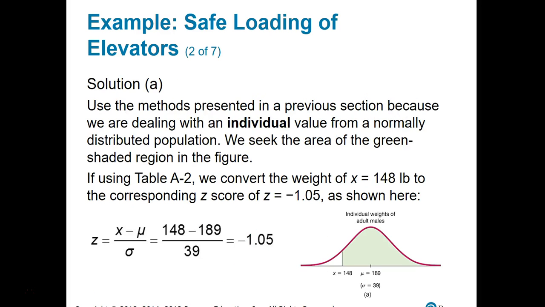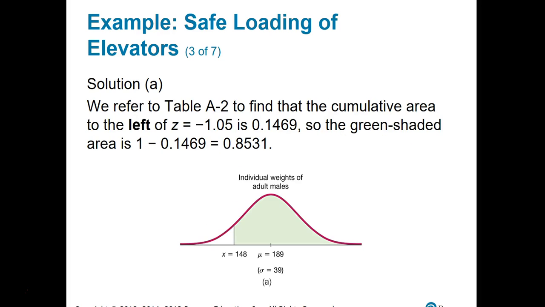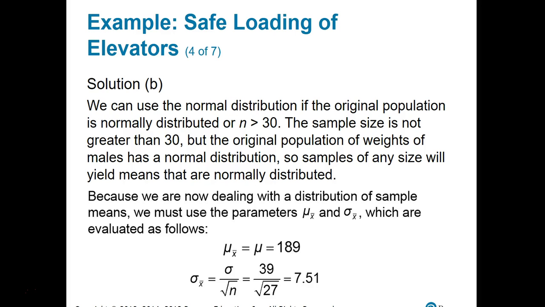But we're going to go ahead and look at it anyway. So this is the example with a negative 1.05 where we had just an individual, and we end up getting 85% chance for that.